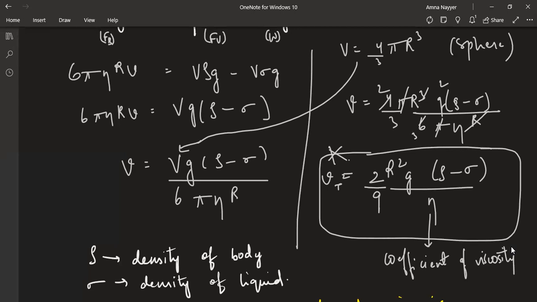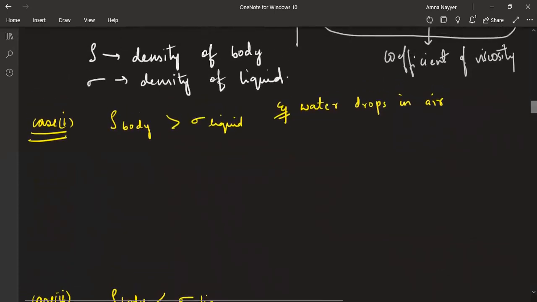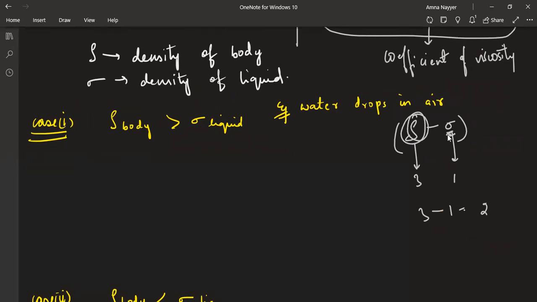Now see, if rho is greater than sigma, it means rho minus sigma we have to use. Let's say density is 3, sigma is 1. So 3 minus 1 will be 2. If this term is greater and you subtract the smaller term, always it will be a positive number. So here also, rho minus sigma will be positive.